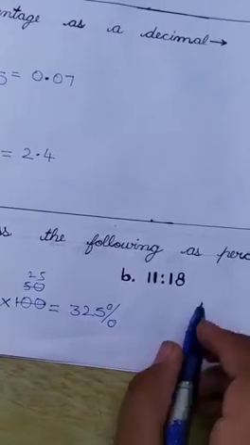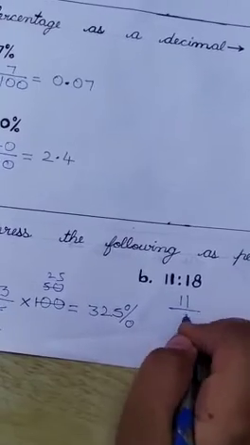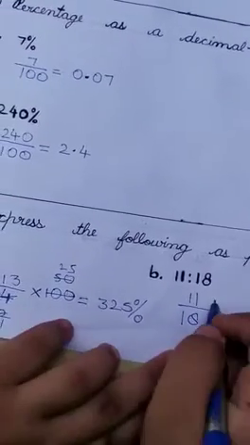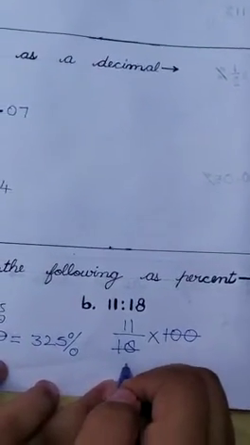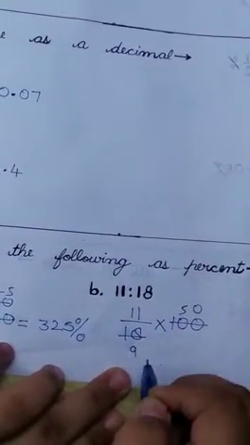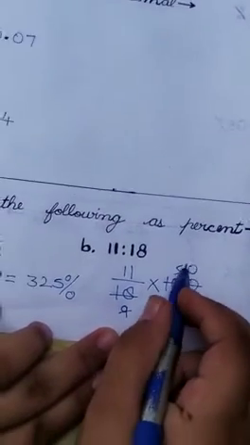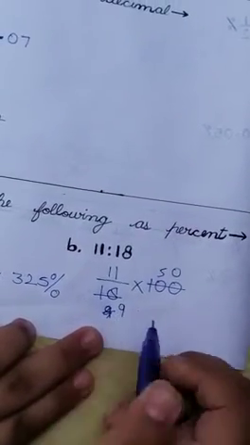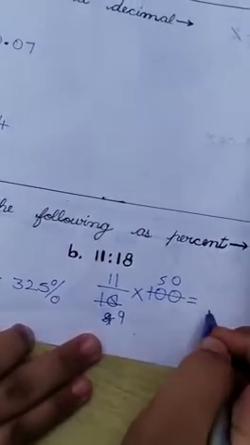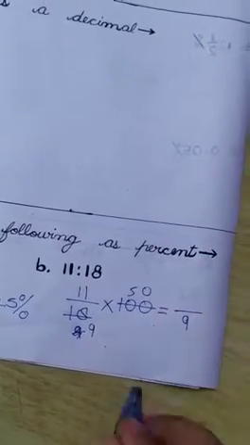In ratio, if 11 upon 18 is given, multiply by 100. Now we will reduce it. These two will not be reduced, so we will multiply 50 into 11.